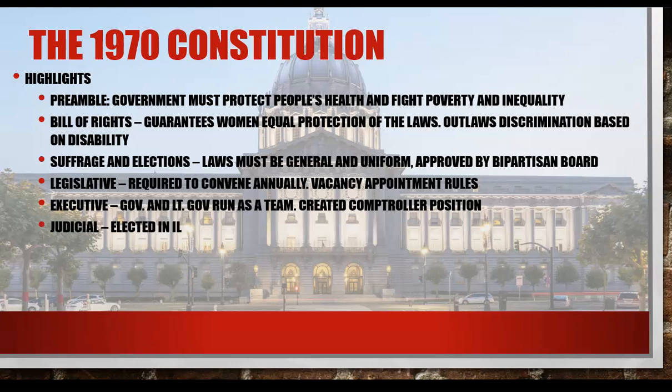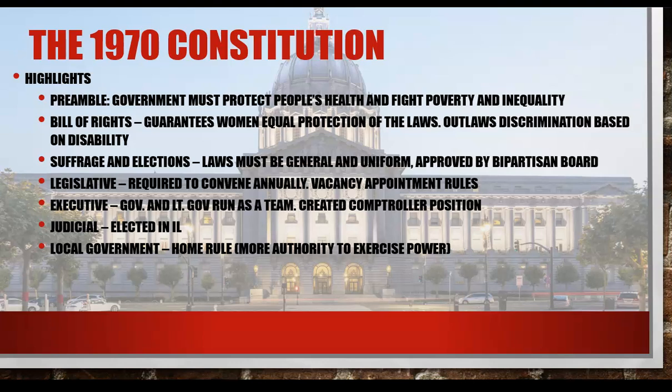The judicial branch, interestingly enough, is not appointed. It is elected in Illinois. All Illinois state level judges are decided through election. And then local government, this Constitution created what's called home rule, which gives some localities like counties or cities, anything except for school districts, so local units of government, more authority to exercise power within their area.